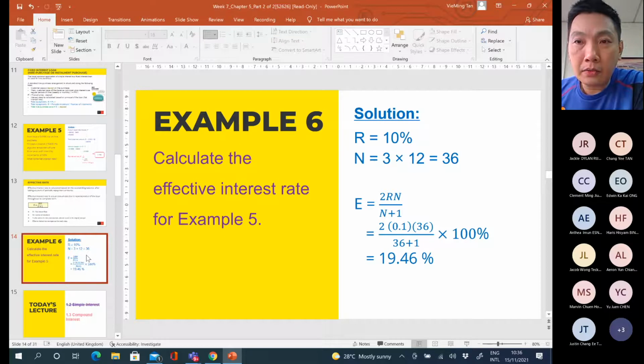And N is the total number of installments being made, so for this question it involves 36 installments. So we substitute 10% and 36 for N into the formula of effective rate. Simplified, you get 19.46%. Usually the effective rate is higher than the flat rate.